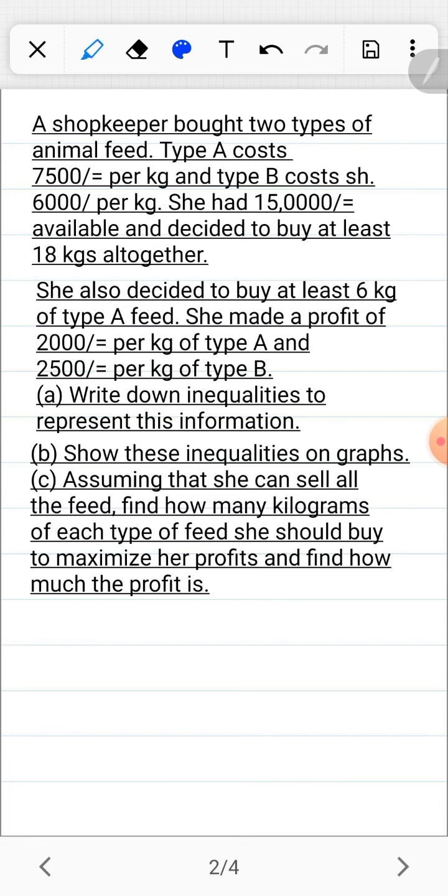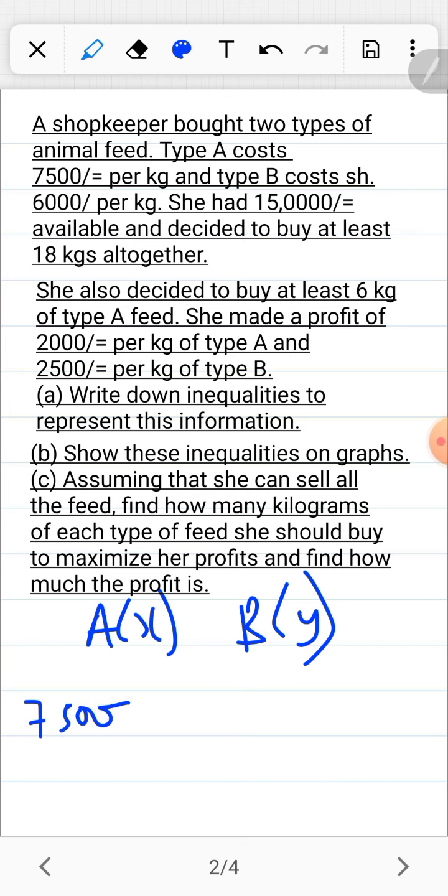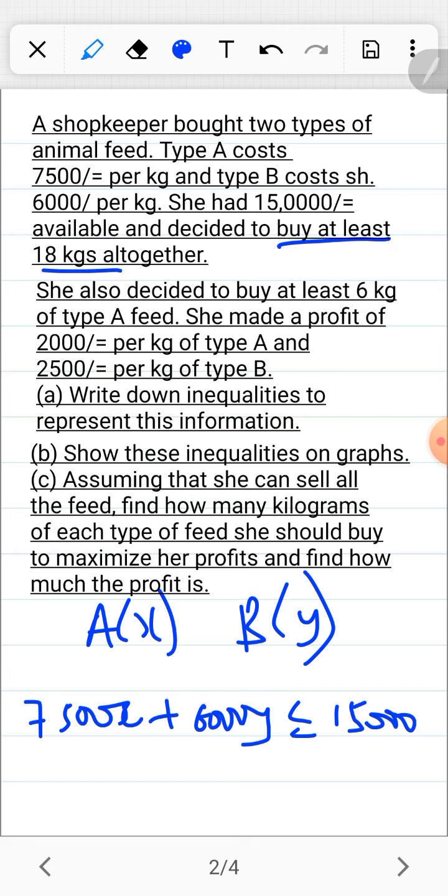Obviously, if I call type A X and I call type B Y, my very first equation will be 7,500X plus 6,000Y is less or equal to 15,000. My second equation will be, she wants to buy at least 18 kilograms altogether.